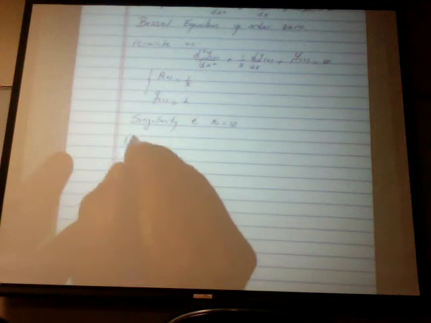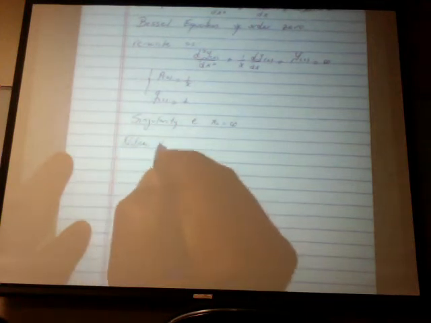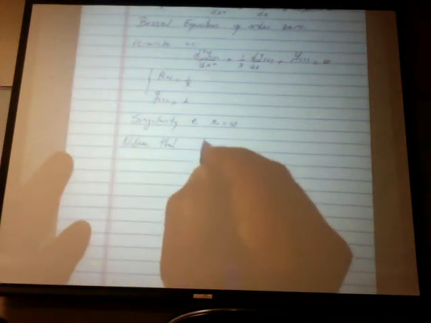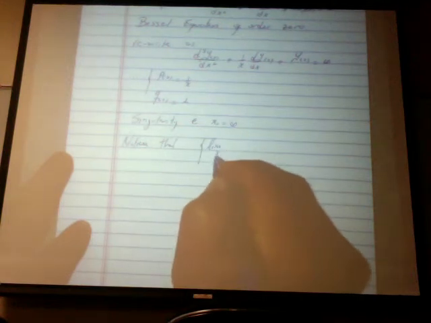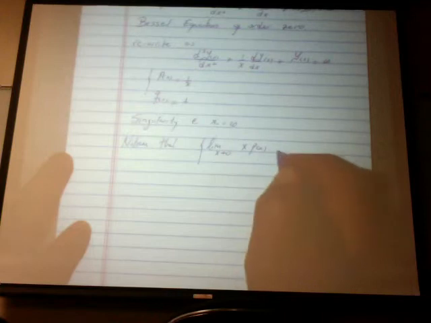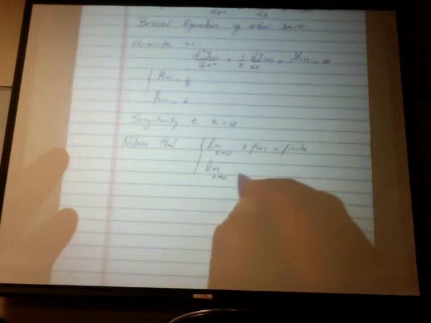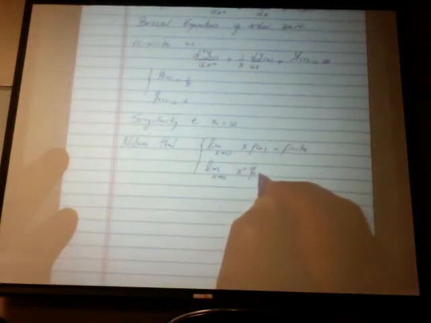Okay, so notice that the limit when x goes to 0 of x times p of x is finite. The singularity goes away when you multiply p of x times x. And how about when you multiply q times x squared?